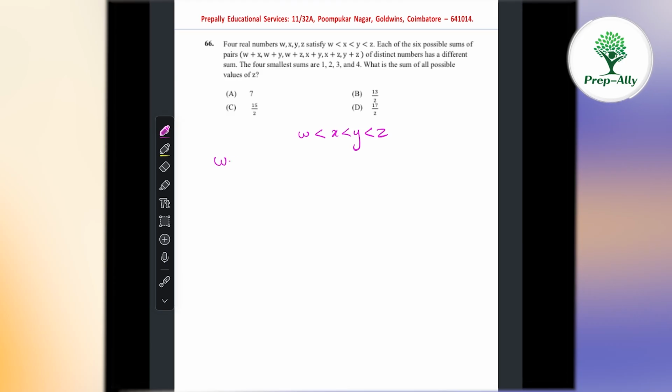So W plus X is less than X plus Y is less than Y plus Z, right? Because W is less than Y, so W plus X is less than X plus Y, and X is less than Z, so X plus Y is less than X plus Z, right? I'm sorry, X plus Y is less than Y plus Z.